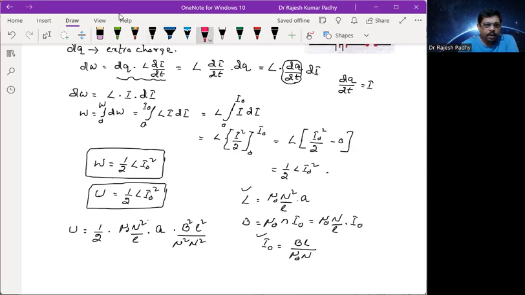Now N square cancels, l cancels, mu 0 cancels, hence what is left? U is equal to half into B square A into l divided by mu 0.